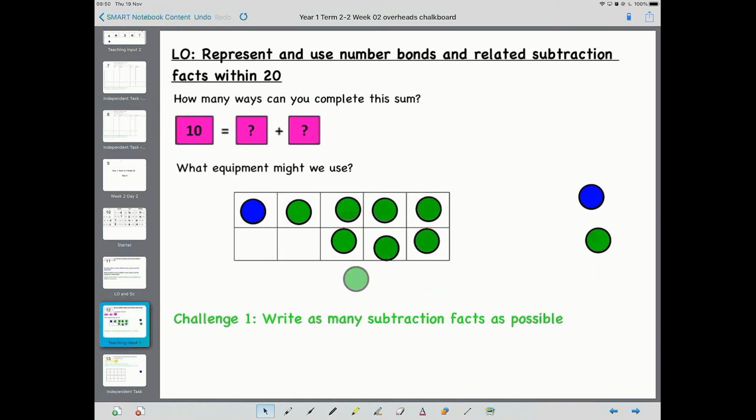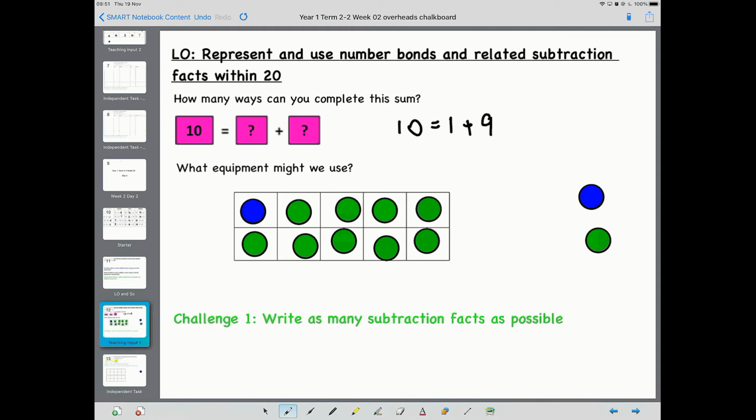And then what we do is we count the colours. So we know it equals 10 to start off with. And then we've got 1 blue. And added to that, we've got 9 green.